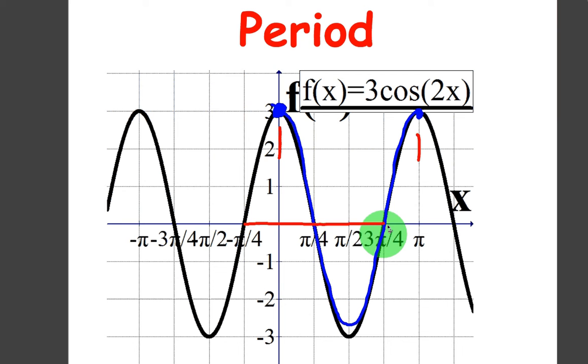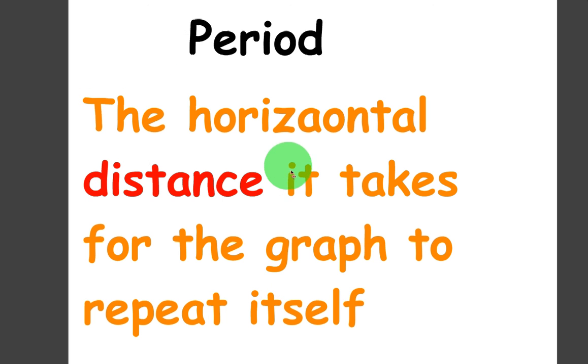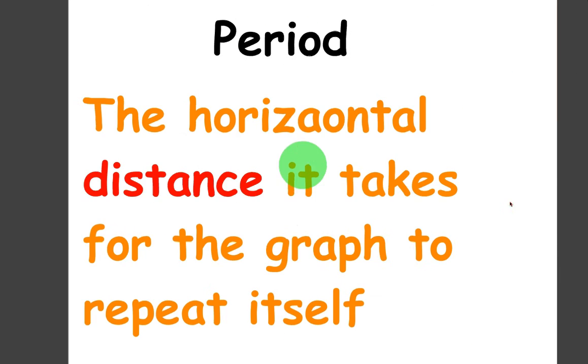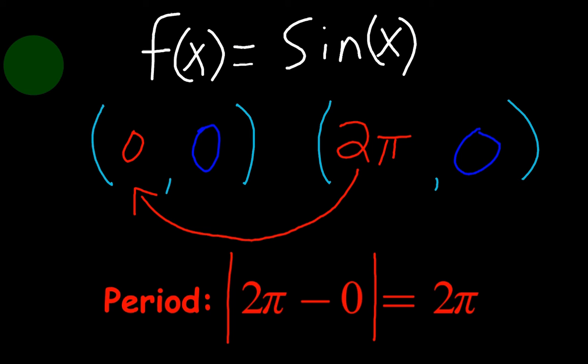But it still takes that same distance to get to the middle of the next wave. And I can move this red line wherever I want, and that illustrates the horizontal distance it takes for the graph to repeat itself. That's the best definition that I have for you for the period of a function. It's the horizontal distance it takes for the function to repeat itself. I do say graph, but of course the graph is the graph of the function.